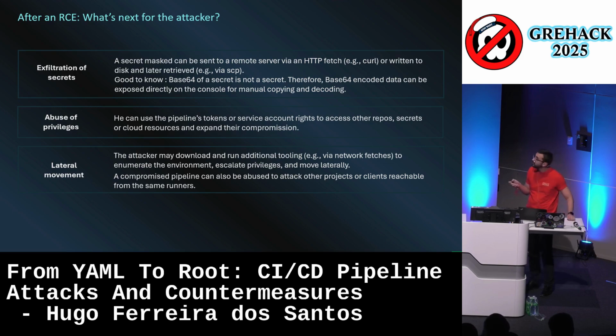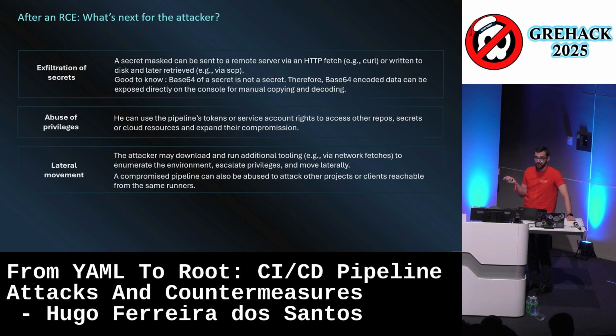Second, you can use the privileges of the pipeline to access other repositories. As we said, sometimes those pipelines are shared between multiple environments or multiple projects. Or you can try to expand it and go inside the cloud resources, as we saw with the Azure CLI task that will allow you to go directly on Azure.